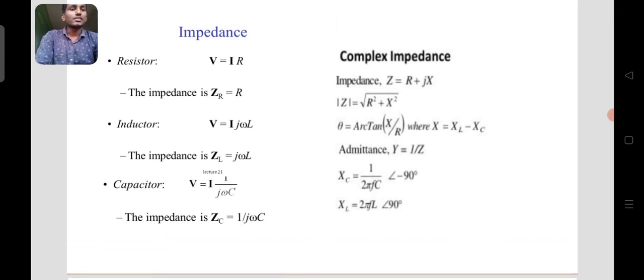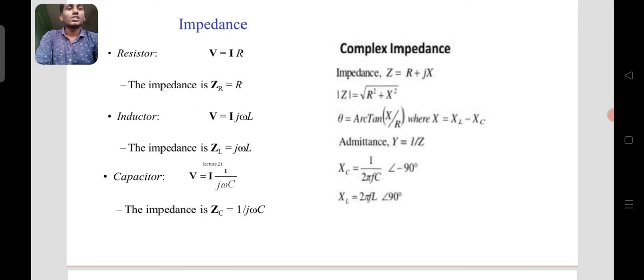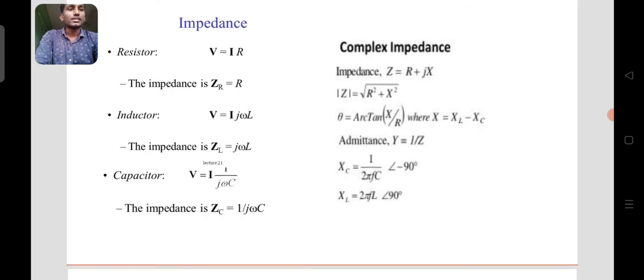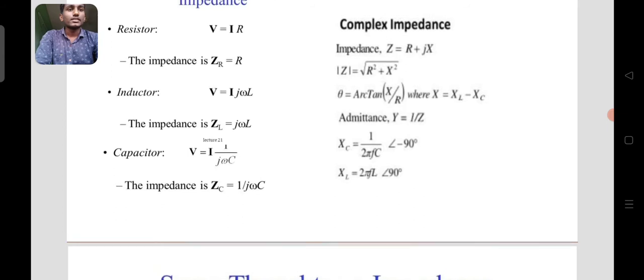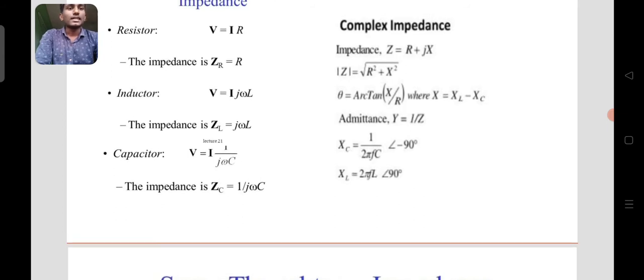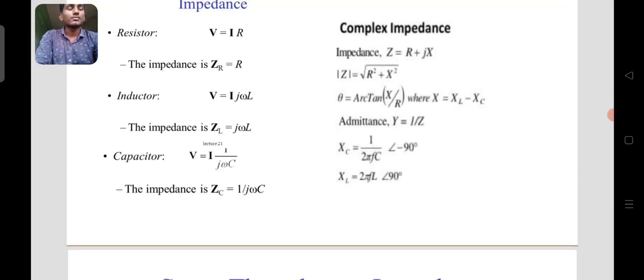In complex circuits, impedance Z is equal to R plus jX, where R is the resistance and X is the reactance. The magnitude of impedance is the square root of R squared plus X squared, and the angle is tan inverse of X by R, where X is the reactance of the inductor minus the reactance of the capacitor.